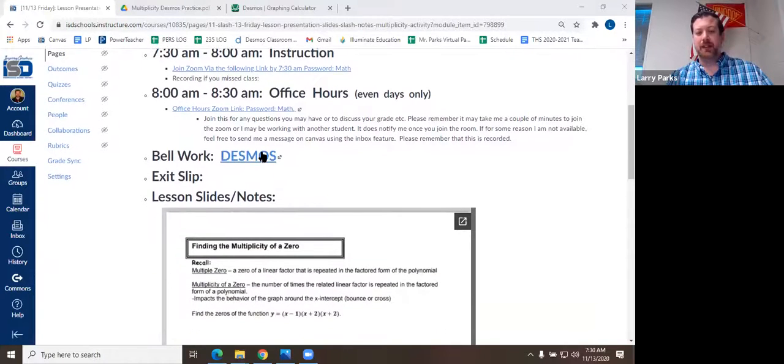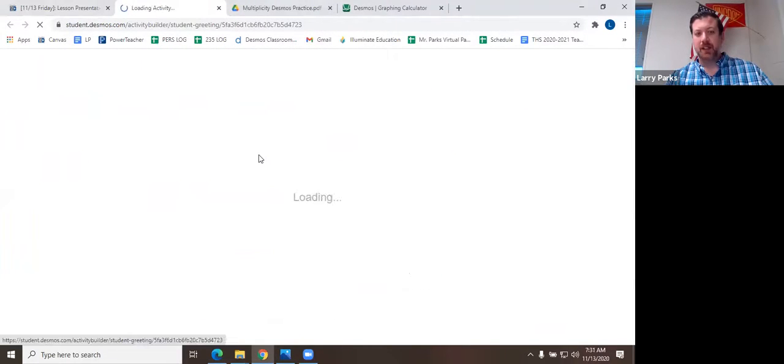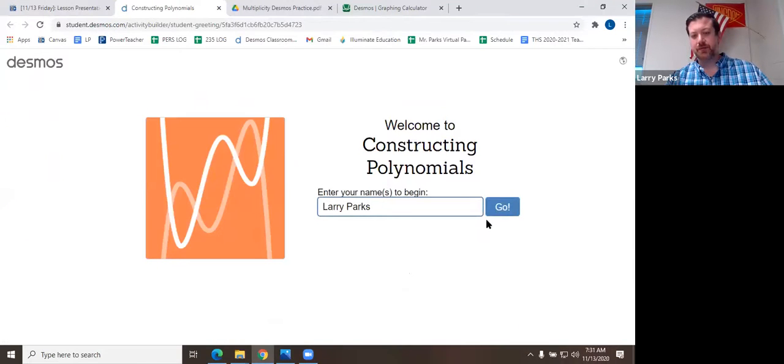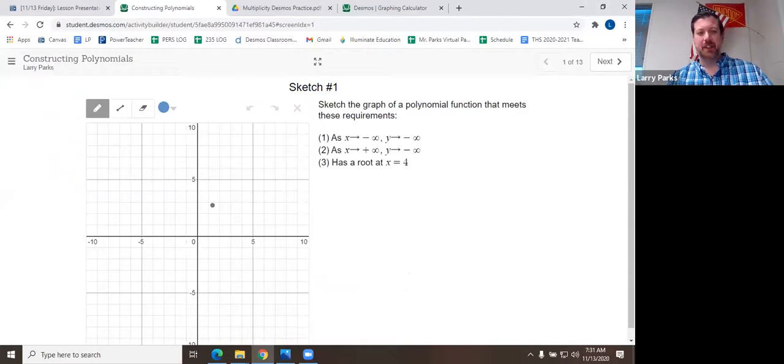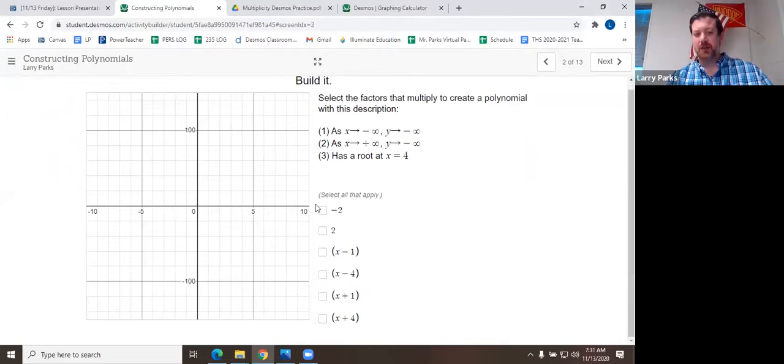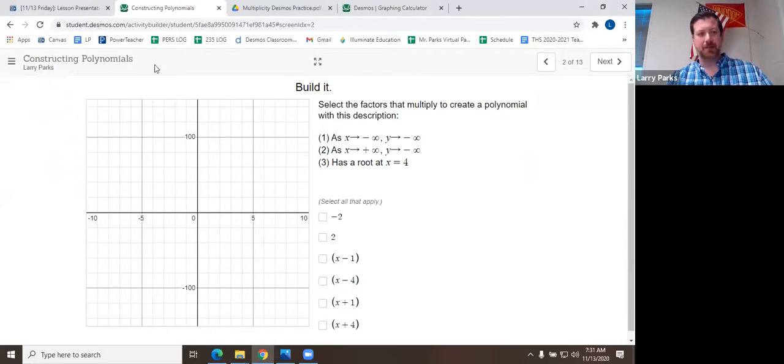Bell work, if you go out there and you do the Desmos that I have assigned out there, I highly recommend you do this. It'll help you with your learning. Okay, so it helps you sketch some graphs and work with polynomial functions.